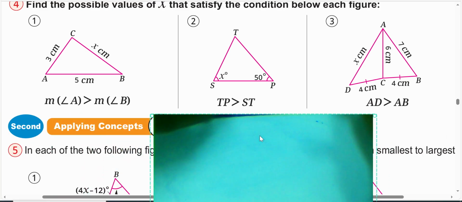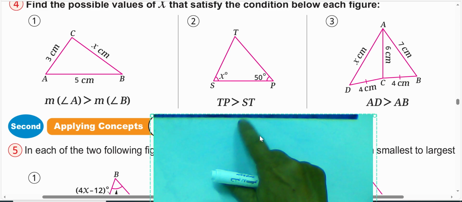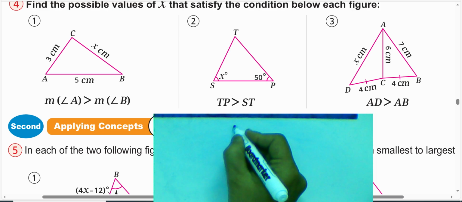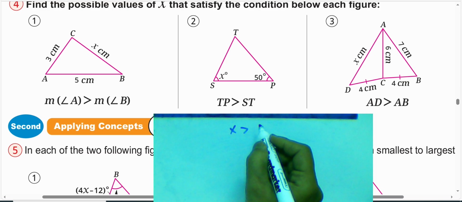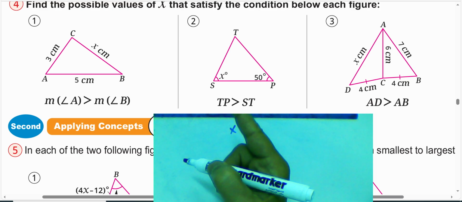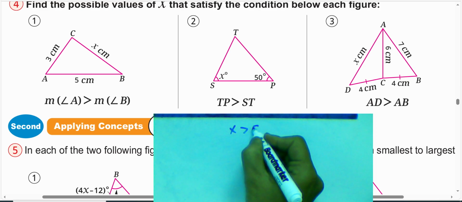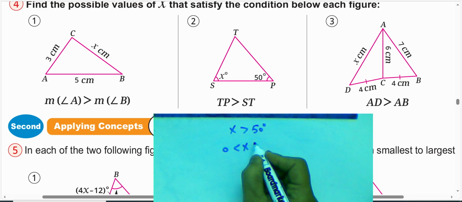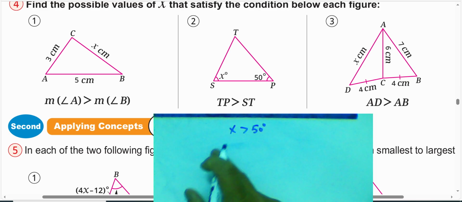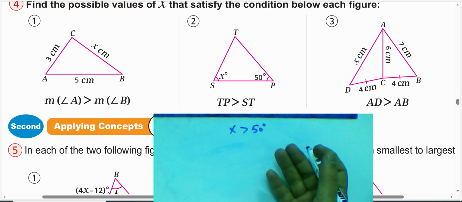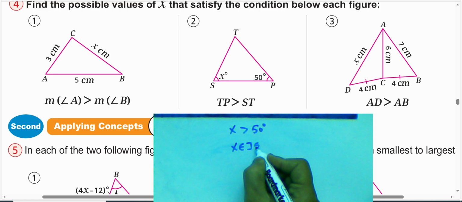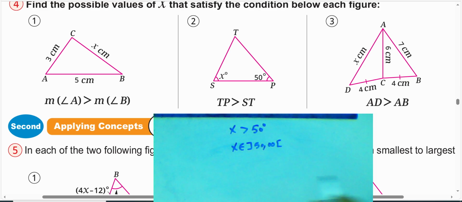Question number 2. We have TB greater than ST. TB is opposite what? TB is opposite x. Then x is greater than the opposite of ST, which is angle 50. So x is greater than 50, and x is greater than 0, and from greater than 0 and greater than 50, it means x belongs to the open interval from 50 to infinity.